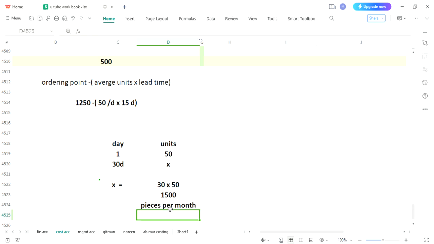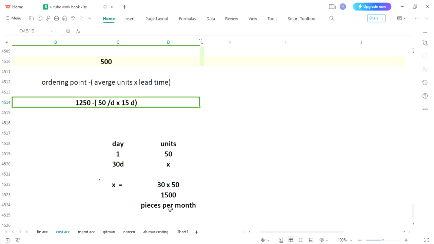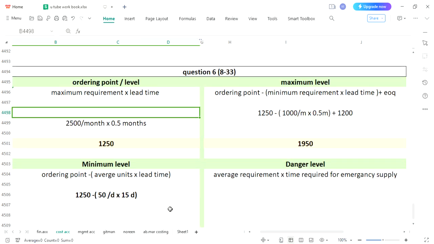Okay, so let's go back to the question, and now we are going to change it. We have 1500 instead of 50. These are units but for a month, and now we are going to write time in terms of month as well, and we have already calculated our time in terms of month.